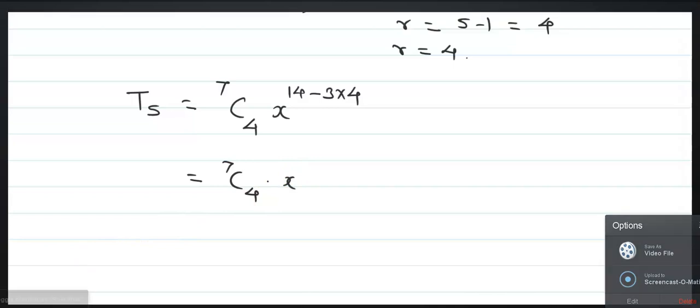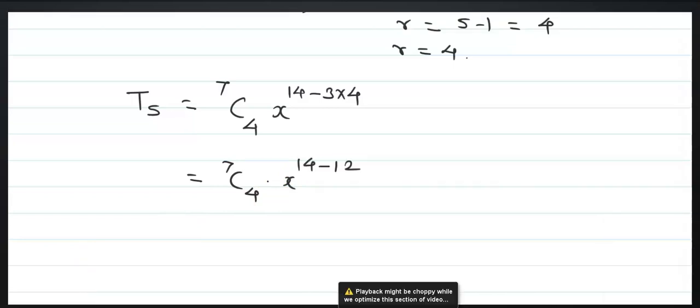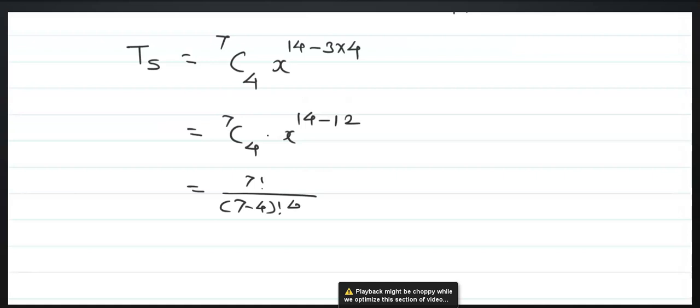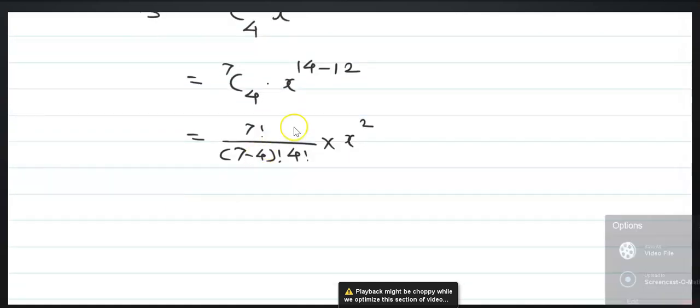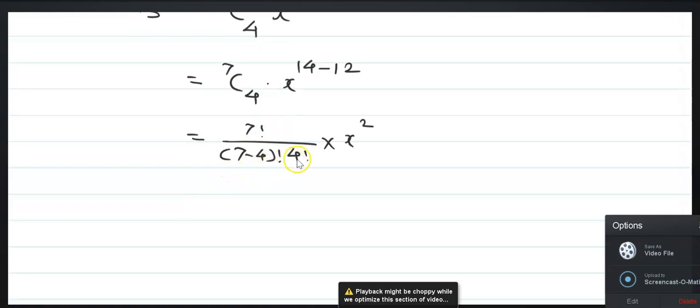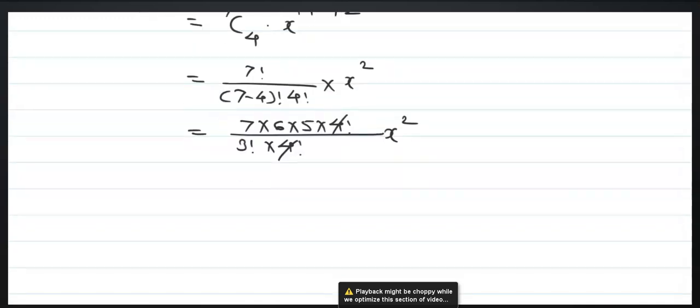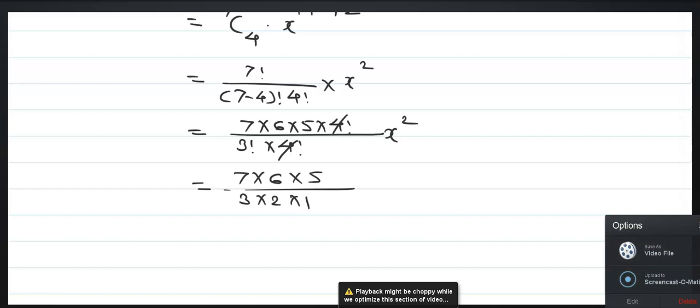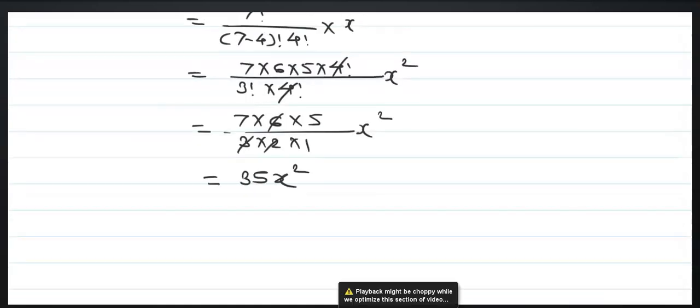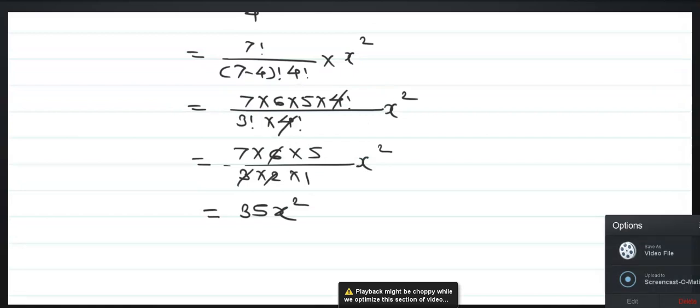Now we will find the value of 7C4, that is 7 factorial upon (7 minus 4) factorial into 4 factorial, into x square. Now simple calculation. After the 4 factorial gets cancelled and the normal calculation, the 6 gets cancelled. That is 35 x square. This is the fifth term in the expansion.